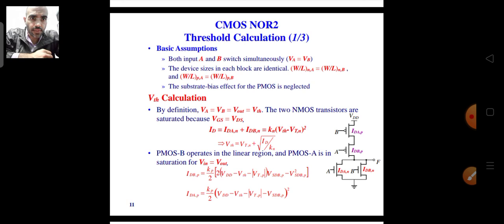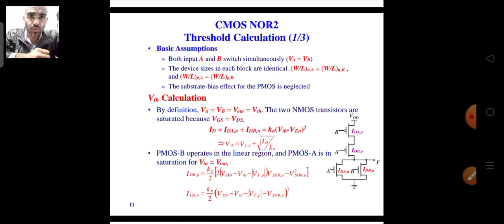So if VDS is less than VGS minus VT, then obviously your transistor operates in the linear region. In this case you will see that your VDS, drain to source, is 1/4 of your VDD, so that voltage drop is 1/4 of VDD, whereas VGS is VDD minus VTH, which is greater than the drain to source.